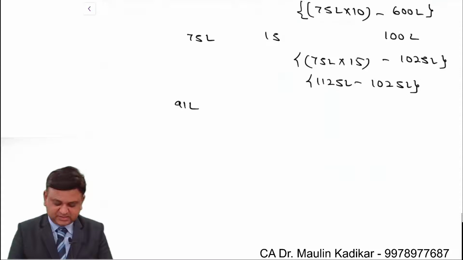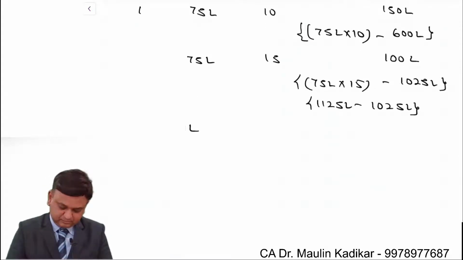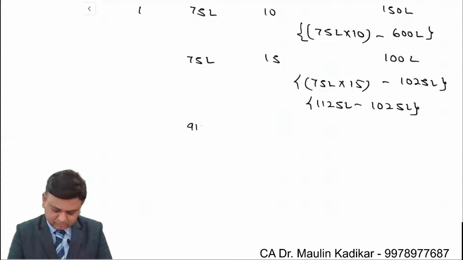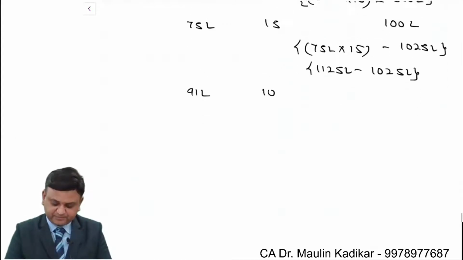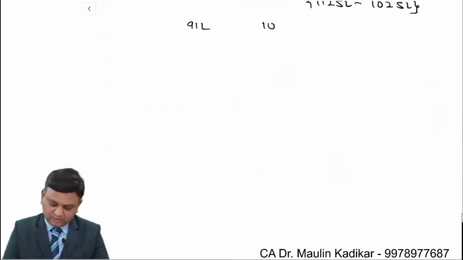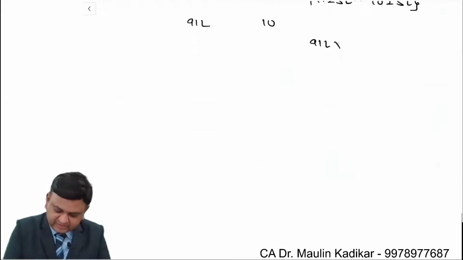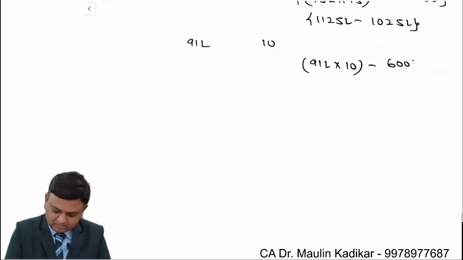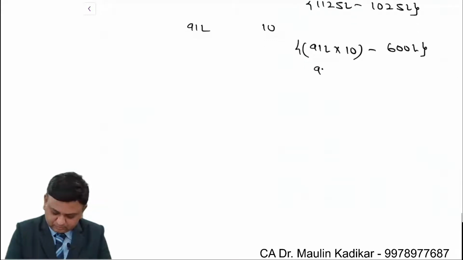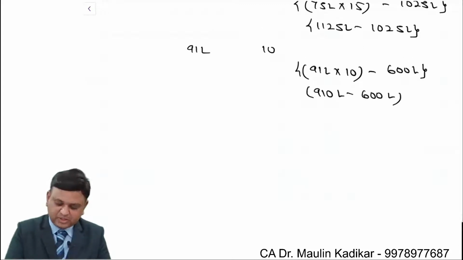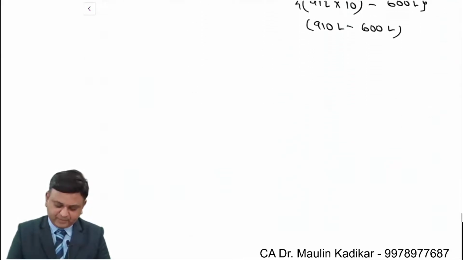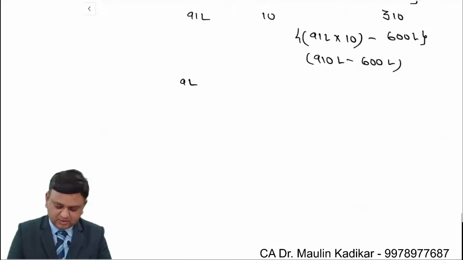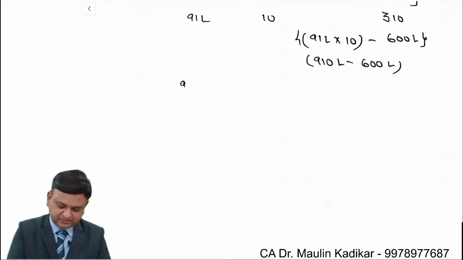Then 91 lakhs, in the 10 units. So 91 lakhs into 10, 910 minus 600 lakhs. That comes to 310 lakhs. Then 91 lakhs and you construct 15 units.